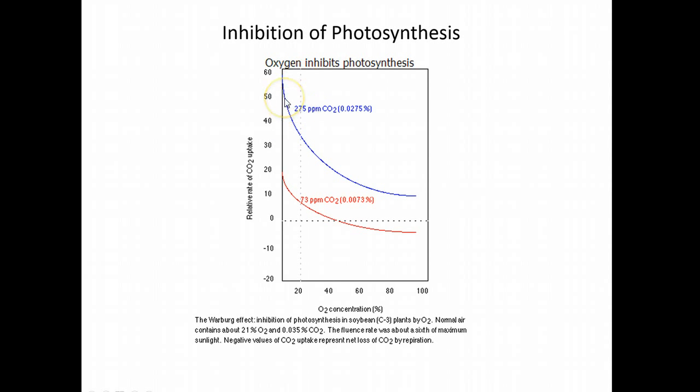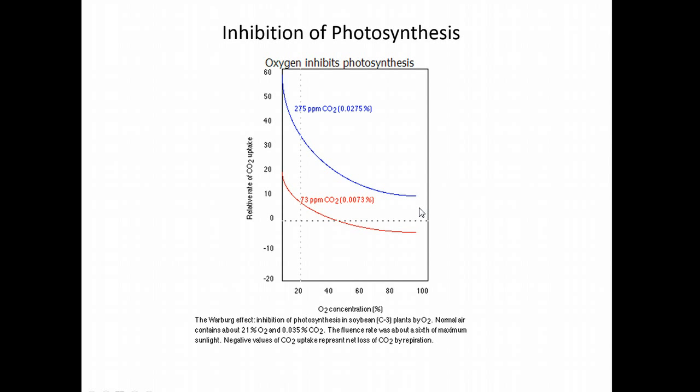But you will see when we talk about photosynthesis, if we add oxygen, the rate of CO2 fixation goes down dramatically. That's because oxygen is a competitive inhibitor for rubisco, which is the enzyme that fixes carbon. Why?